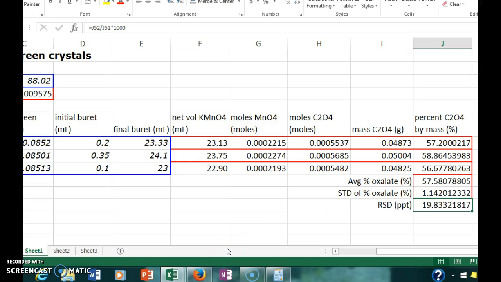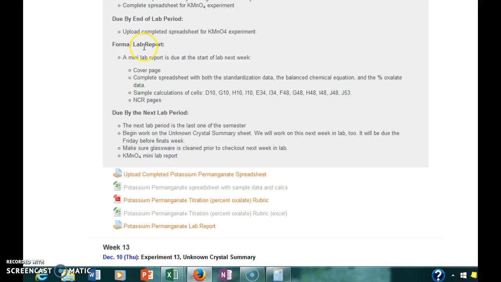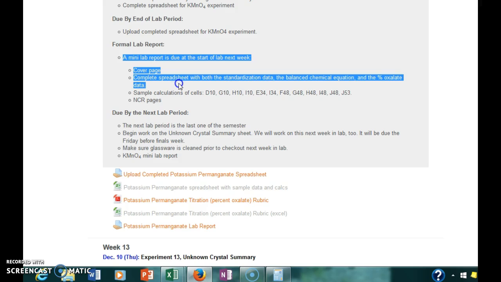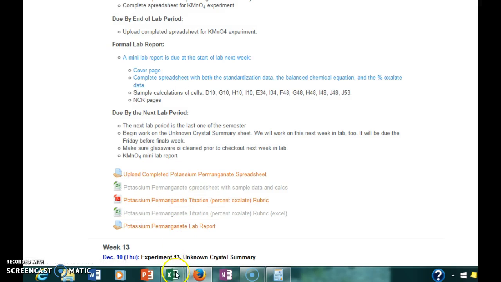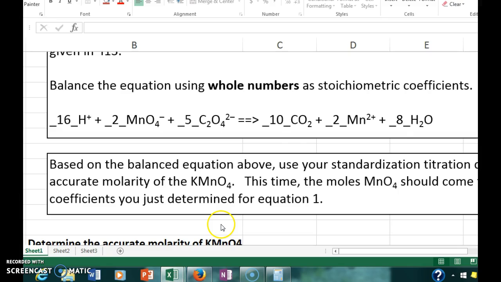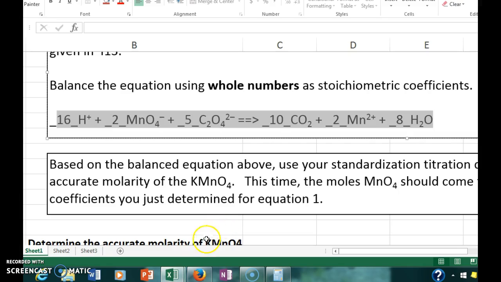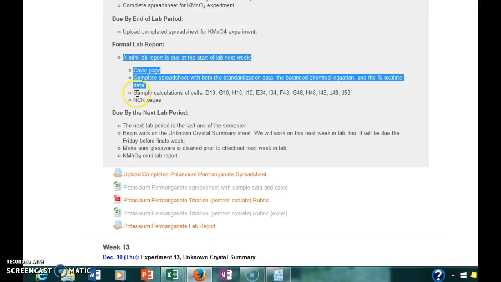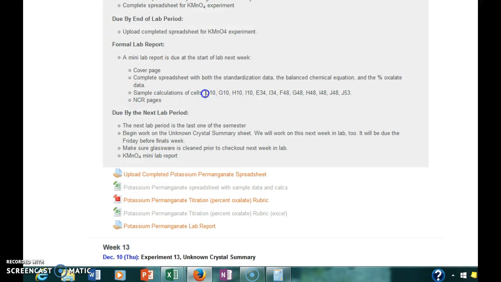Then if we look at Moodle, what you need to turn in is a cover page, complete spreadsheet with the standardization data that we did for Thanksgiving, the balanced chemical equation, which I showed you. I'll show you again. There it is. Sample calculations for these cells, D10, G10, H10, I10, E and I 34, F, G, H, I, J 48, and J 53.